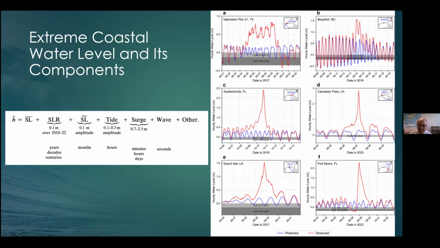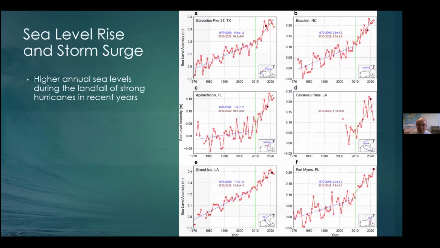So the sea level rise acceleration caused elevated storm surge during the recent years. So this is basically the time series of annual mean sea level at these stations. So you can see the different rise rate before and after 2010 at these stations.